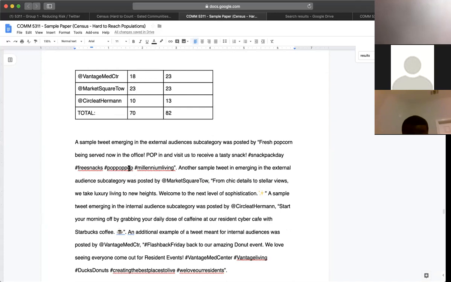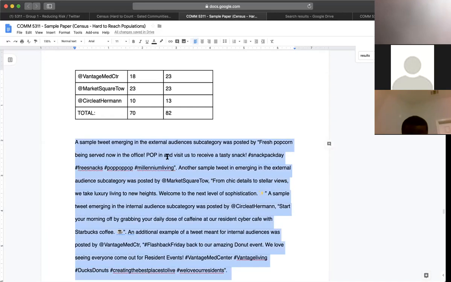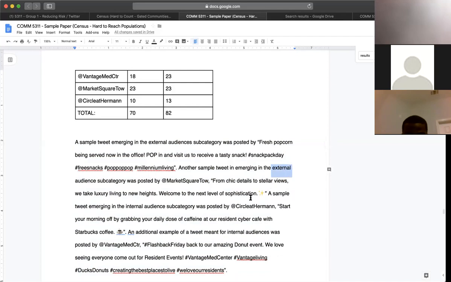Okay. And then in this section, I did exactly what I did in the other section. So this one is external. This one is external. Two examples of each. Yeah, internal. And then this one is internal.